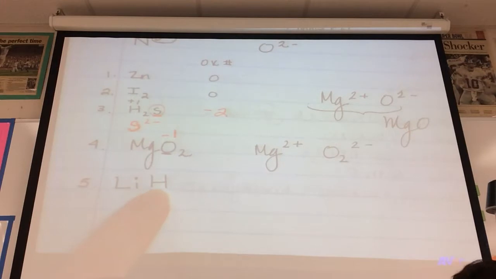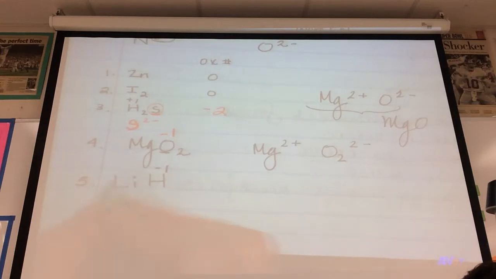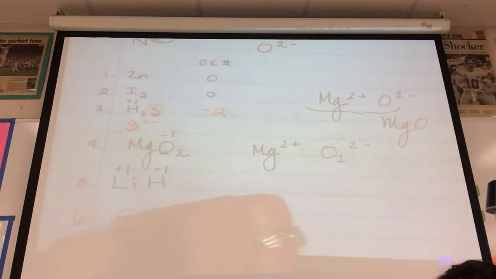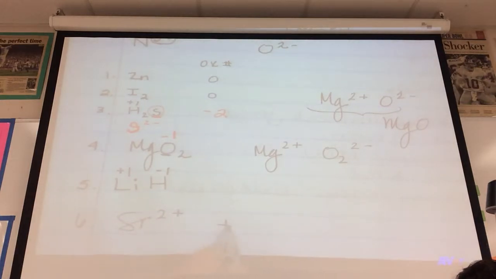So in a hydride, H is -1. And lithium compounds, lithium group 1 is always +1. The last example there is a strontium ion. What would its oxidation number be? +2 is correct. So that's just some basics to get going.